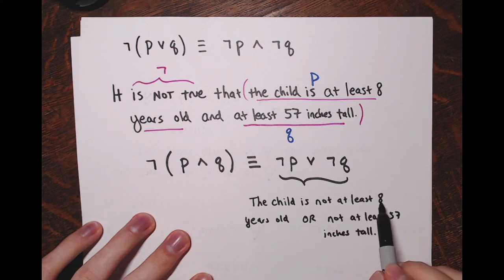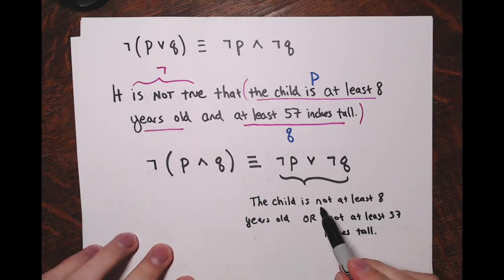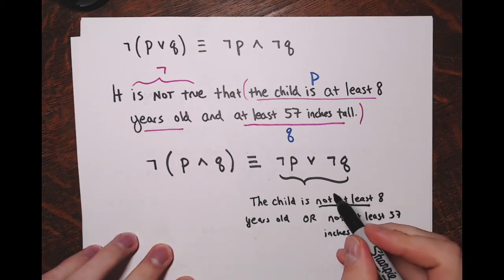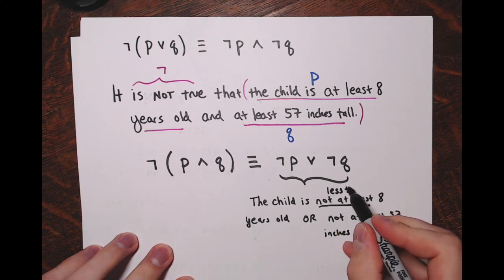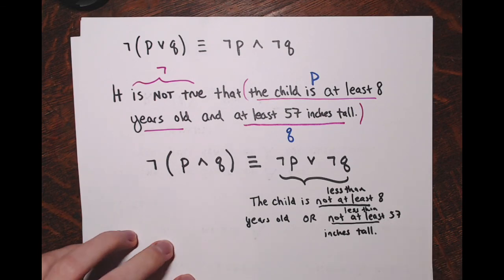Remember, at least 8 years old means 8 or more. Not at least means less than. So the child is less than 8 years old or less than 57 inches tall. Right, again, nobody says not at least.